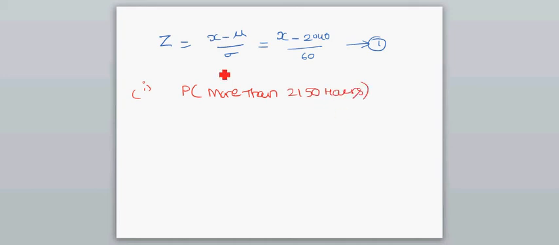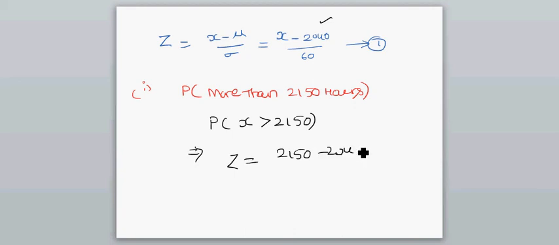If I indicate x as the lifetime of the bulb, I can write this as probability of x greater than 2150. Now we have to apply this formula, x minus 2040 by 60. So when I substitute x, the corresponding z value comes as 2150 minus 2040 divided by 60.